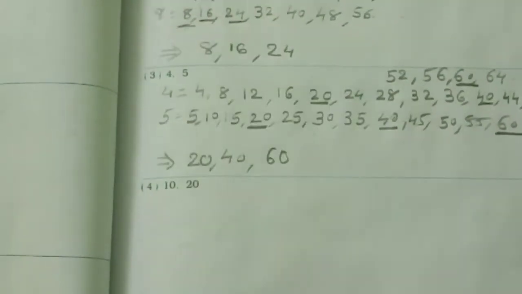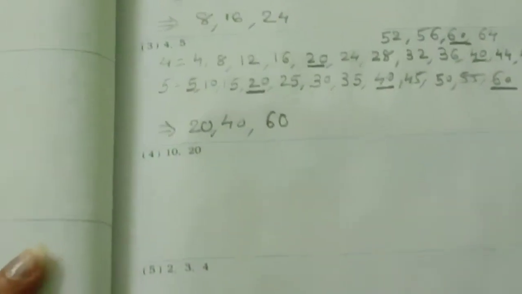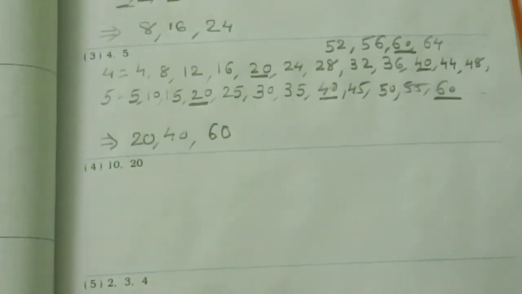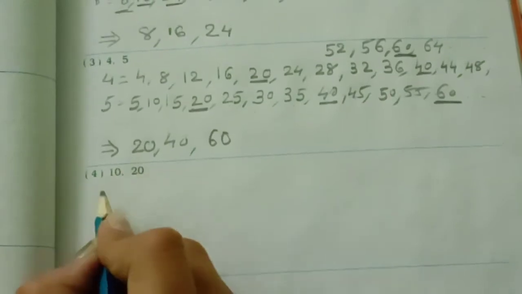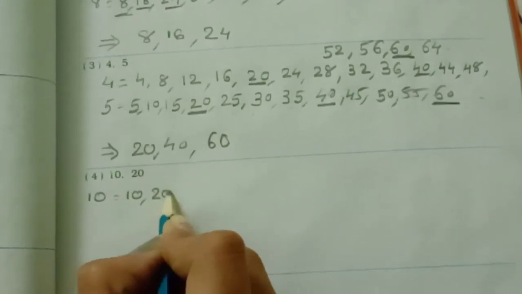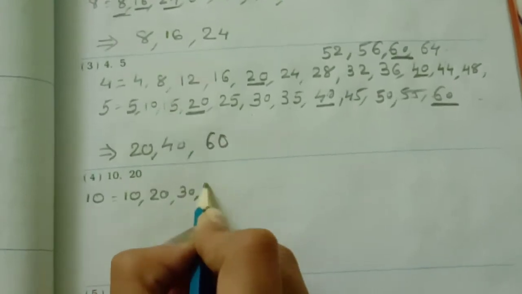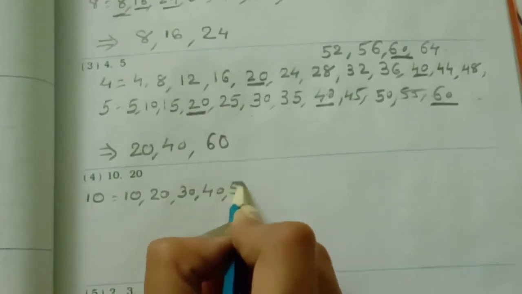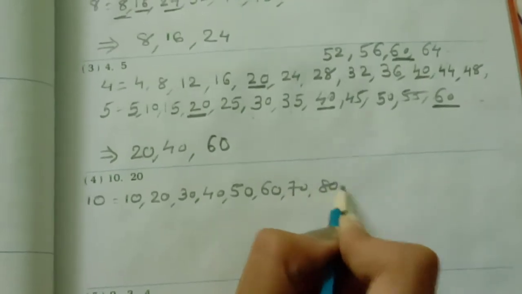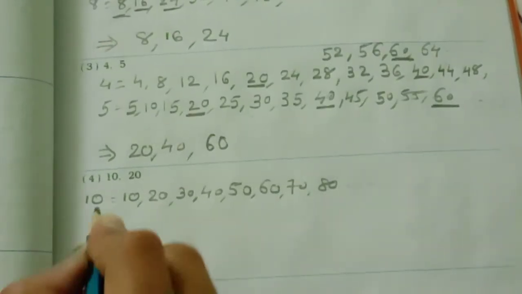Now 10 and 20. So let's write the multiples of 10: 10, 20, 30, 40, 50, 60, 70, 80 and so on.